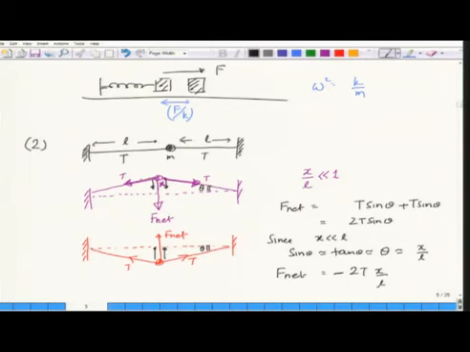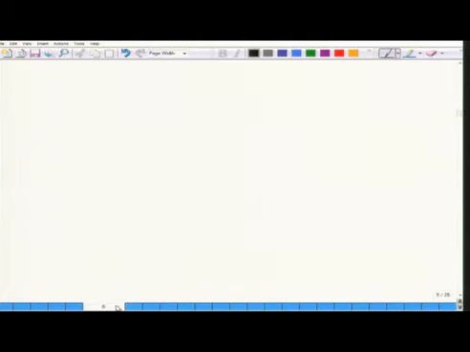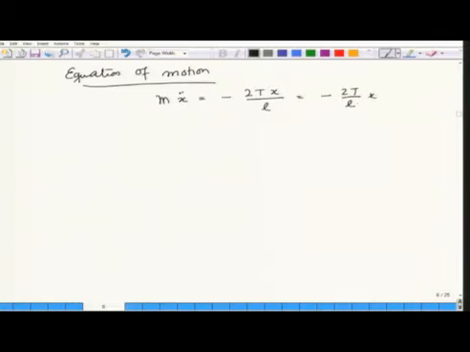So, we have figured out that F net in this system is opposite to the displacement and it is minus 2T x by L. So, the equation of motion for the mass is going to be m x double dot is equal to minus 2T x over L, which I can write as minus 2T over L times x, and therefore, x double dot is minus 2T over L m times x.